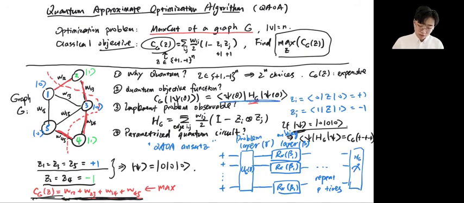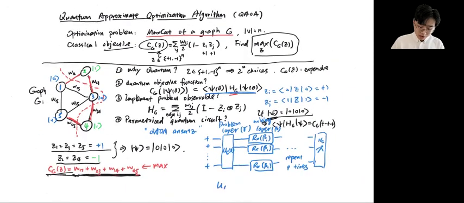The definition of this U_G is pretty simple, namely e to the i gamma H_G. And this can be implemented by applying RZ rotation of gamma angles on appropriate qubits. And these qubits are specified in our problem observables, namely qubits i and j for each of the terms.